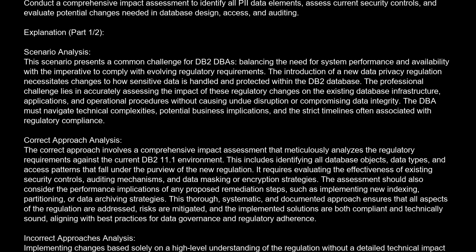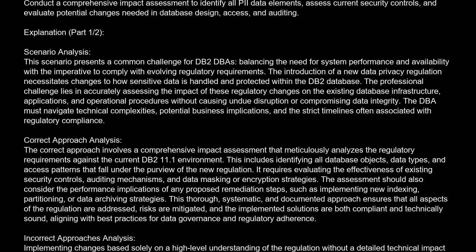The assessment should also consider the performance implications of any proposed remediation steps, such as implementing new indexing, partitioning, or data archiving strategies. This thorough, systematic, and documented approach ensures that all aspects of the regulation are addressed, risks are mitigated, and the implemented solutions are both compliant and technically sound, aligning with best practices for data governance and regulatory adherence.